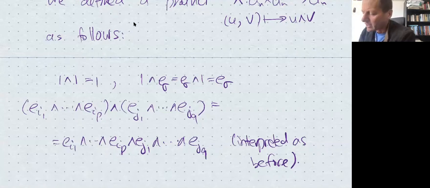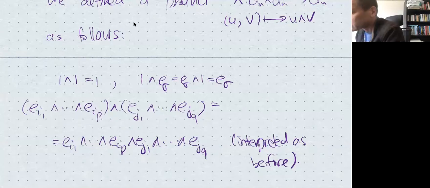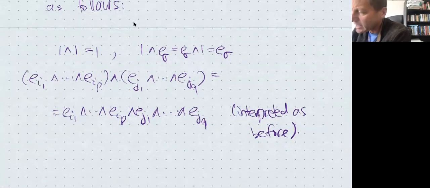And note that the multiplication rule takes two elements. One of them is a p-vector and another is a q-vector, and it either produces 0 or it produces a p plus q vector. So this is some kind of a product, and now you can extend it by linearity.